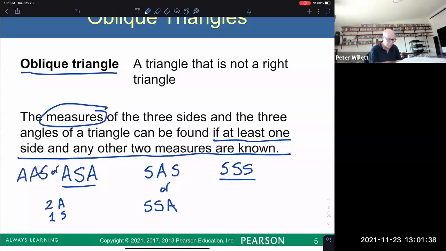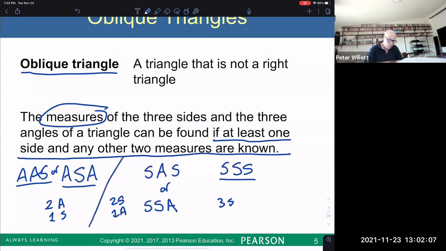I should have put that other possibility up here. If you know two angles and a side, then the side is either between the angles or next to the angles. You can solve for the triangle. If you know two sides and one angle, then that would be side, angle, side, or side, side, angle, and you can solve for the rest of the triangle. Or if you know three sides, then you can find the angles in between and therefore know the entire triangle.